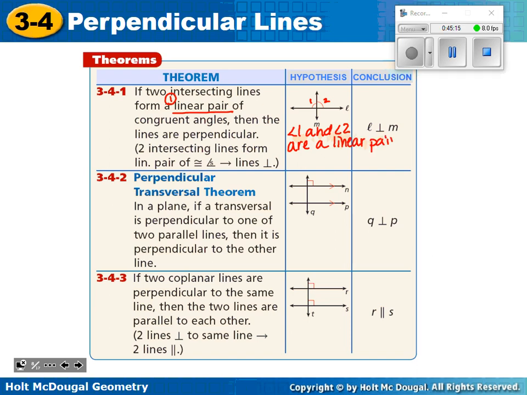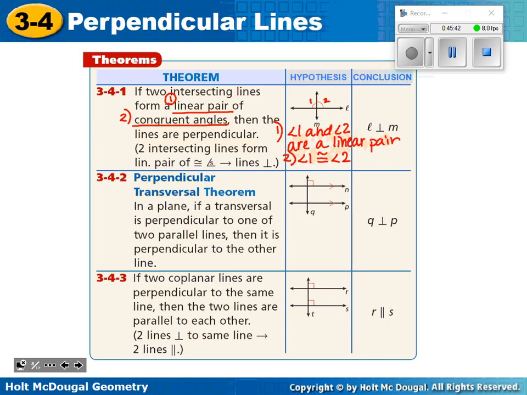That would have to be listed in your proof. You would have to name the two angles that are a linear pair. Second thing you need is that the angles are congruent. So then you would have to have angle 1 is congruent to angle 2 somewhere in your proof. If they're a linear pair and they're congruent, then you can say the lines are perpendicular.